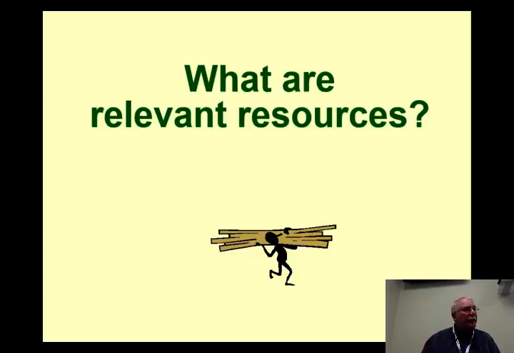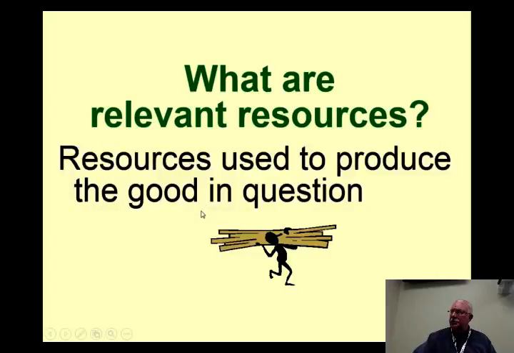But before we do that, we've got to have some definitions. One definition is a relevant resource: a resource used to produce the good in question. What would be a relevant resource for a cattle farmer?